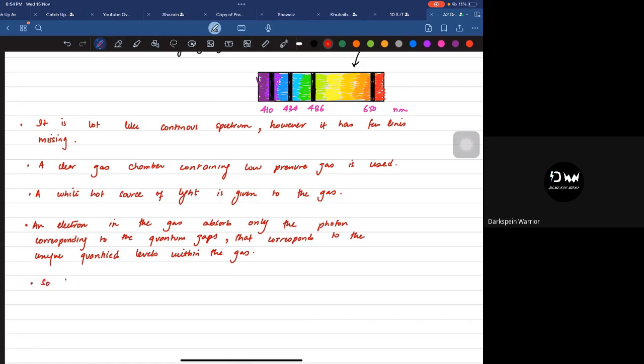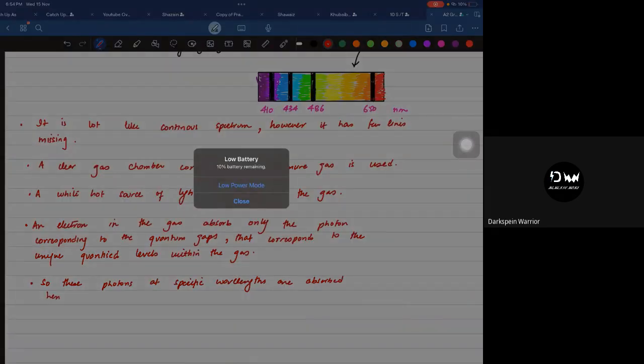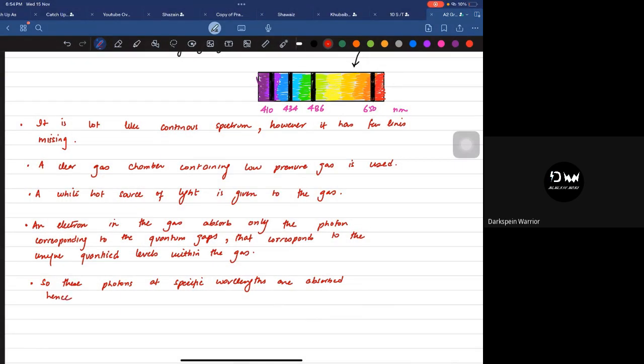So these photons at specific wavelengths are absorbed. Hence, black lines appear.